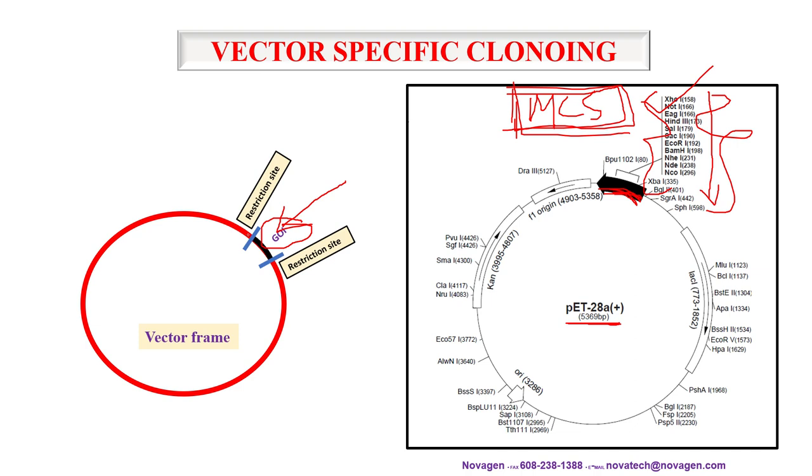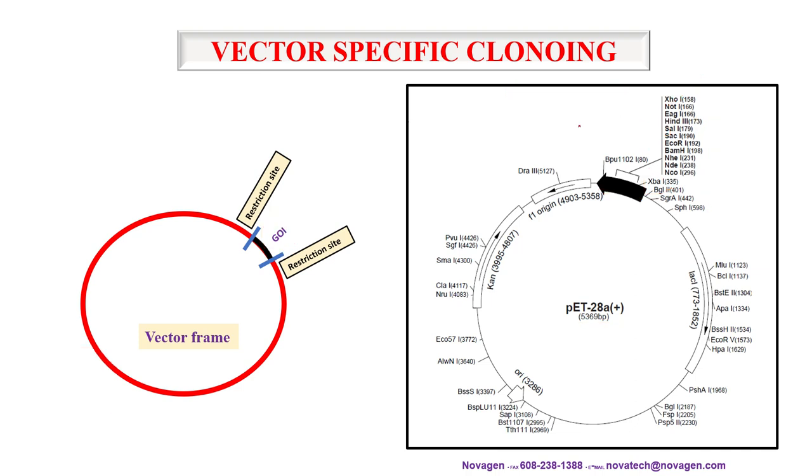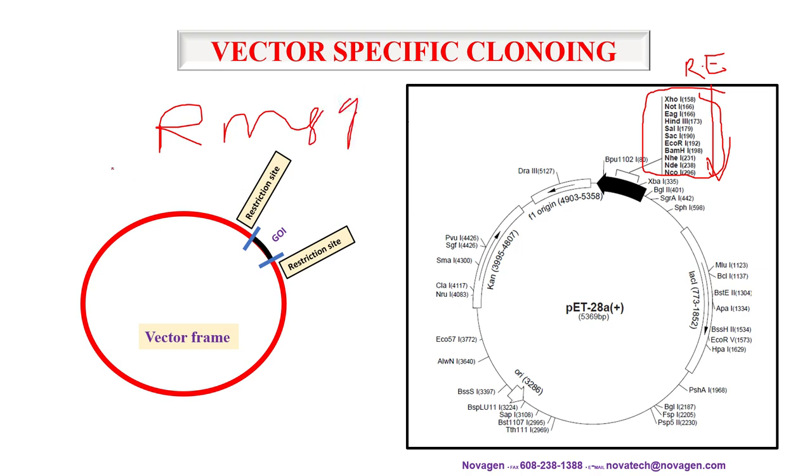Meaning what? First of all, you have to use restriction mapping of your sequence. First of all, what you will do? You will do restriction mapping of your gene. Suppose these are all the restriction enzymes found in your vector. You can use only those restriction enzymes when you perform restriction mapping, the zero cutters.